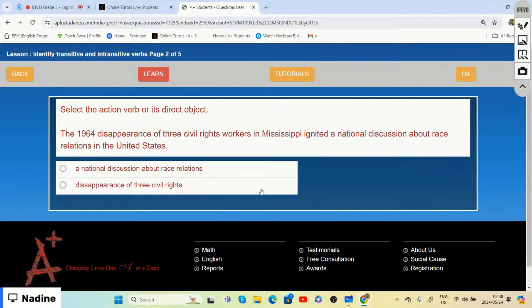So we either need to identify the action verb or its direct object. So either option one, a national discussion about race relations, or disappearance of three civil rights.